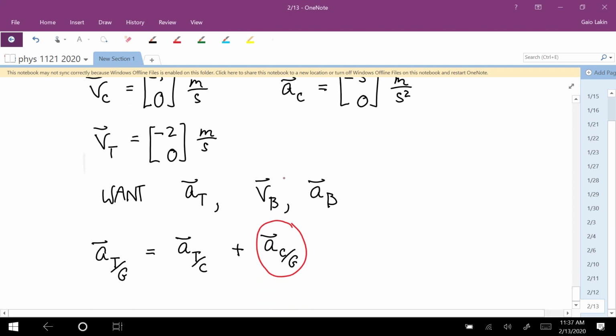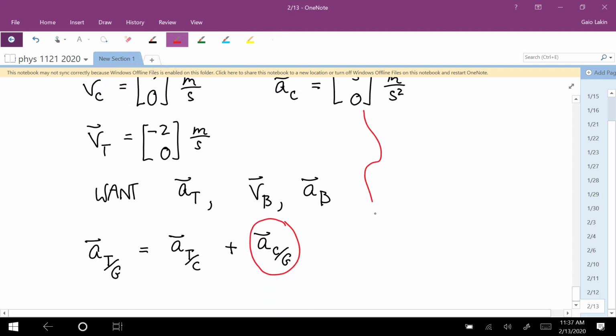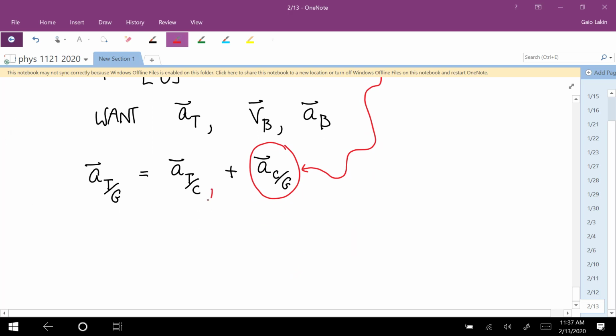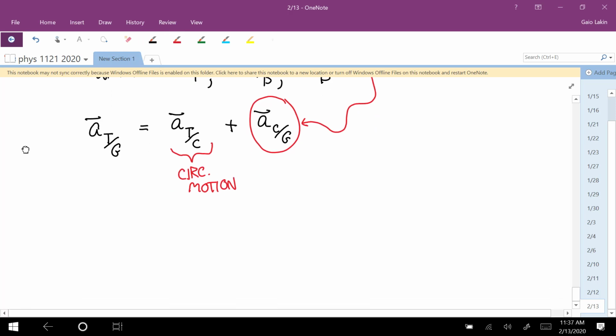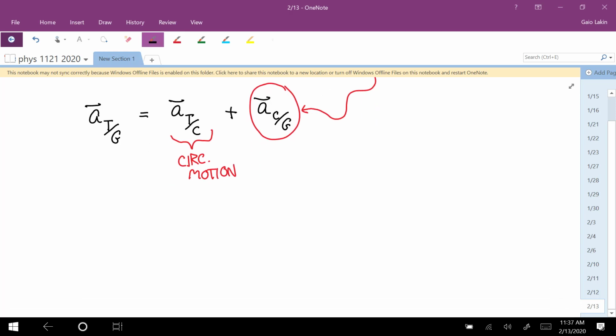This one is this. And this one is circular motion, assuming that the center is fixed. So ignoring the motion of the center and just doing the circular motion. All right, so to calculate the acceleration of the top relative to the center, let's think about that circular motion.